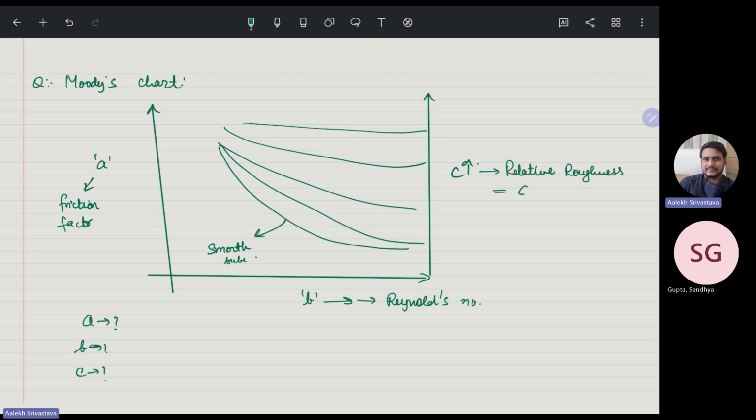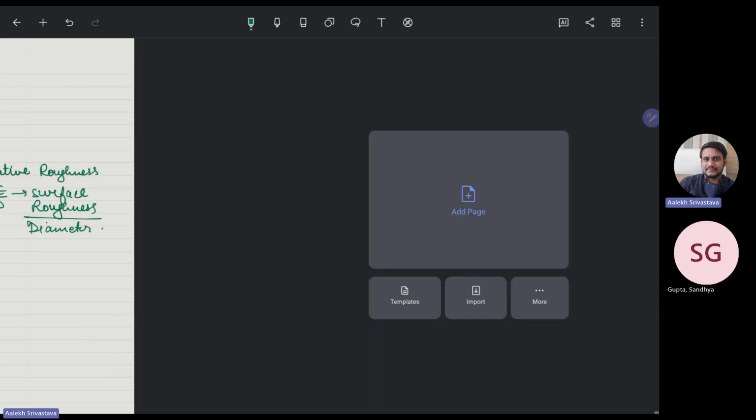That is epsilon, the surface roughness, divided by the diameter. So this is the one question.